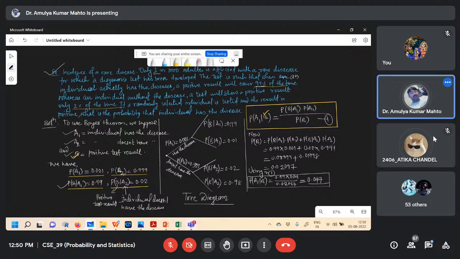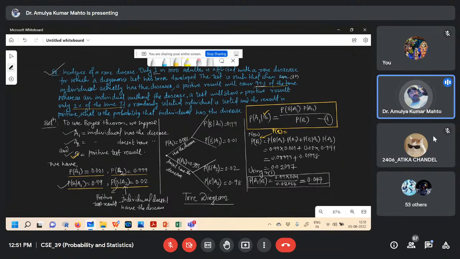PB is actually the total probability. So you can write PB equal to probability of B given A1 into probability of A1, plus probability of B given A2 into probability of A2. If you have any other event A3, you can add probability of B given A3 into probability of A3, like that.